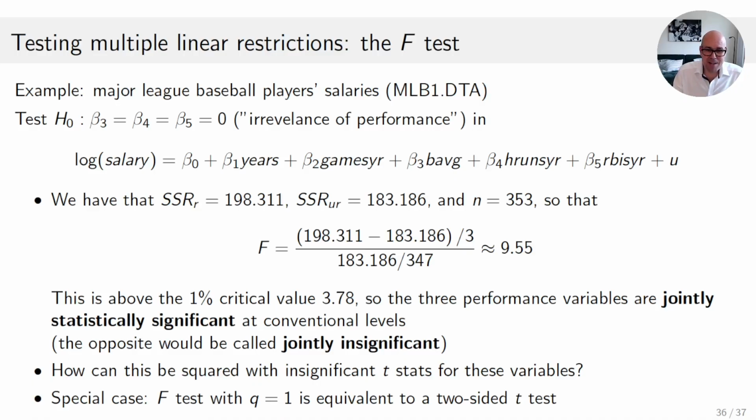The question now is, how can this be squared with insignificant t-stats for these variables? It could be that these 3 are jointly significant, but individually they're not. What is going on? Well, it could be that the data does not really help you tell apart which one of the 3 really has an impact.